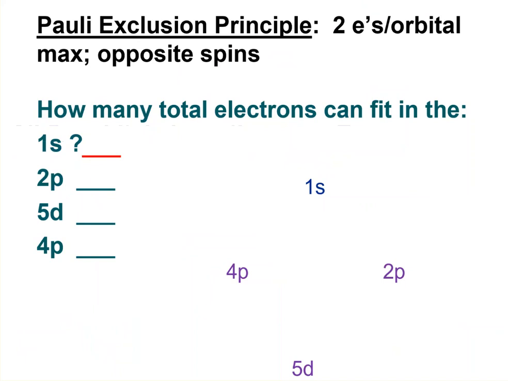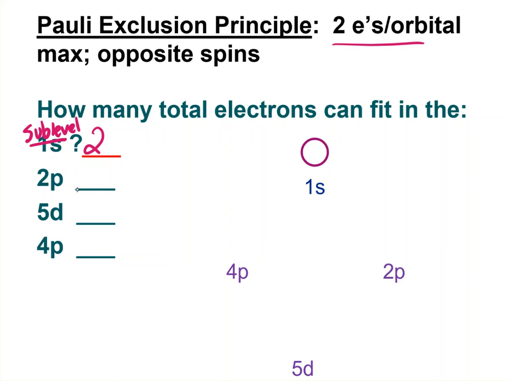Okay, so just as we start talking about where the electrons go, we need some rules about where we're going to place them in all of the orbitals. The first rule is that only 2 electrons can fit in an orbital, and they have to have opposite spins. So I listed here the sublevels. How many electrons can be in the 1s sublevel? Well, when you have s, there's only 1 orbital, and since there's 1 orbital, you can have 2 electrons because it's 2 electrons max.